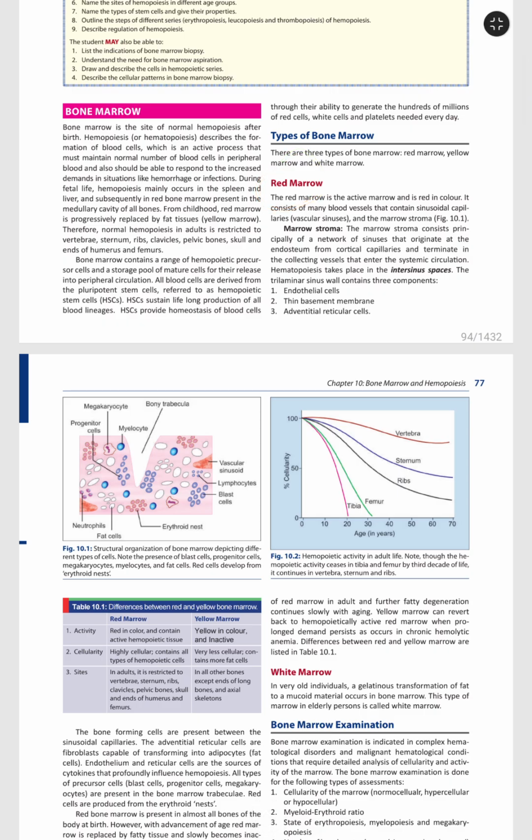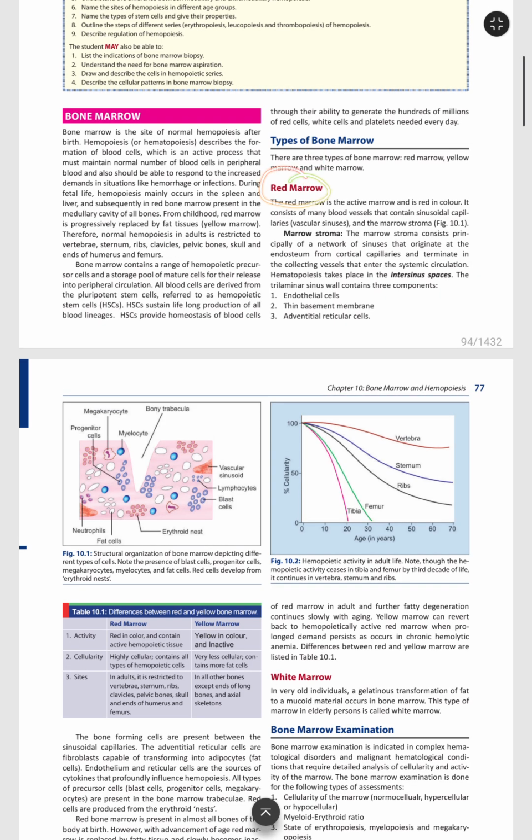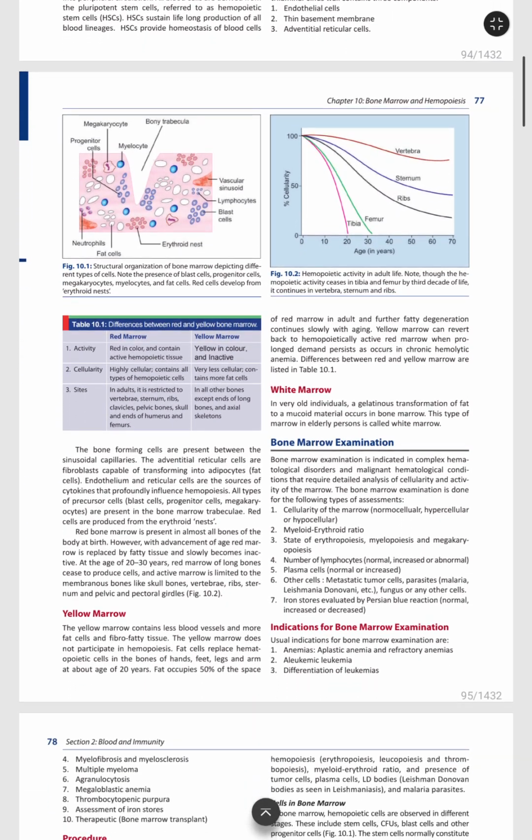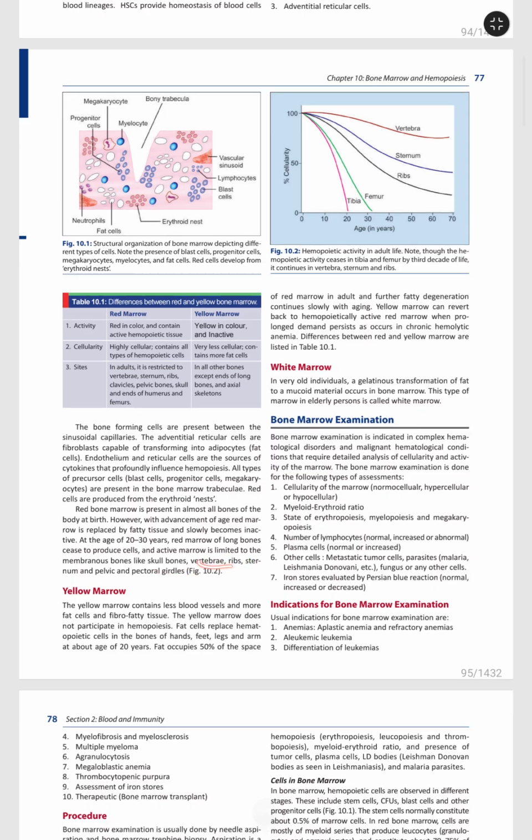The examiner can ask you where the red marrow is located. Red marrow is located in the sternum, long bones, skull bones and vertebrae.